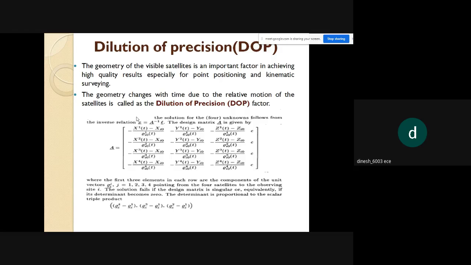Okay. So for the solution of the unknown coordinates in 2D and 3D, we can design a matrix, A matrix, as this.